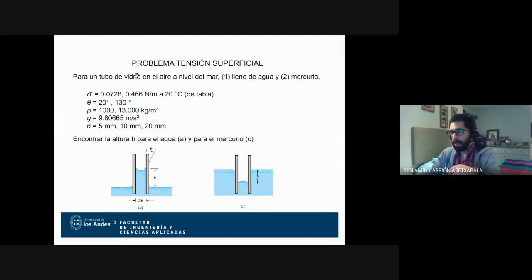And if you write that down, you should see that the smaller the diameter of the tube, the longer the fluid can go in, because the effect of the surface tension should be larger. But I'm going to leave that to you, and maybe we can just review it next class.